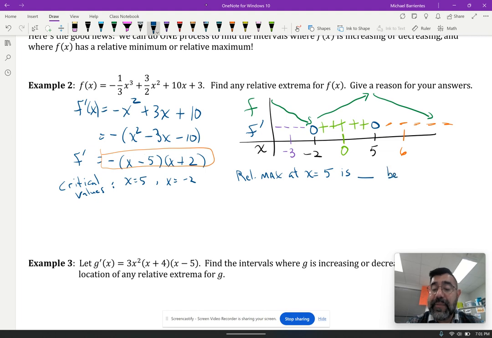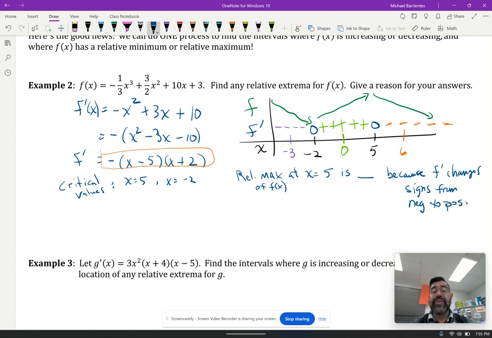Let's be clear, the relative maximum of f of x at x equals 5 is, and I still haven't calculated it, but I'll come back and do it, because f prime changes signs from negative to positive.